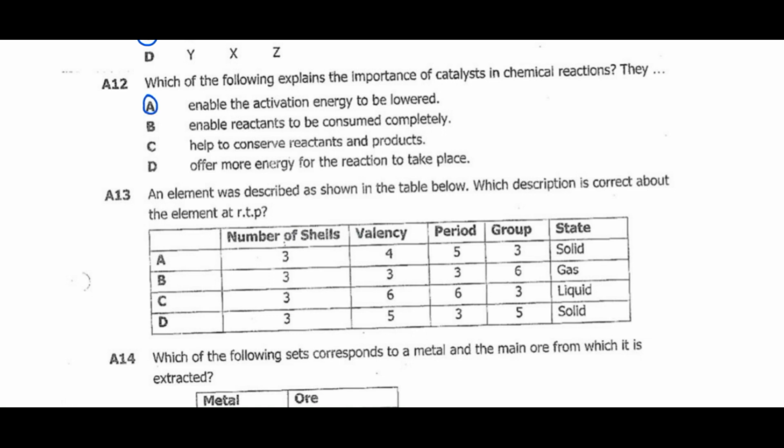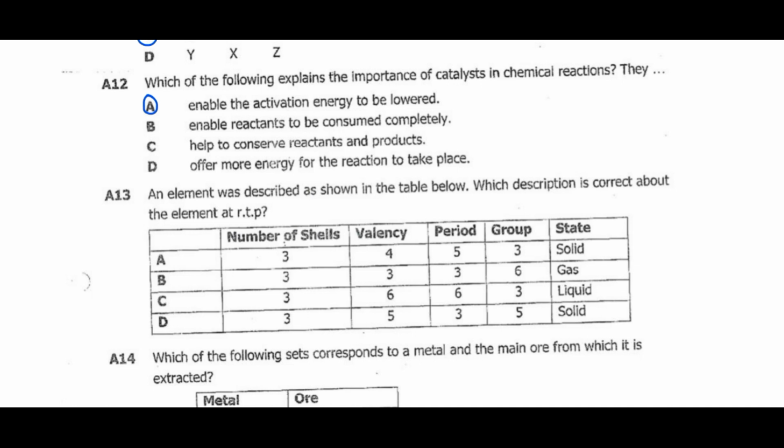Then 13. An element was described as shown in the table below. Which description is correct about the element at RTP? So we'll look at the first one, number of shells. We can see that we have equal number of shells. Then valence, here we have 4, 3, 6.